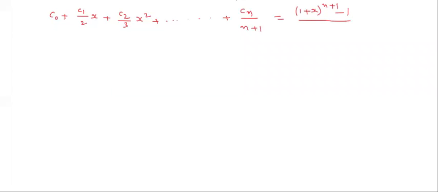If n is a positive integer, C0 plus C1 by 2 into x plus C2 by 3 into x square plus C3 by 4 into x cube and so on, Cn divided by n plus 1, that is equal to (1 plus x) whole power n plus 1 minus 1, divided by n plus 1 into x.